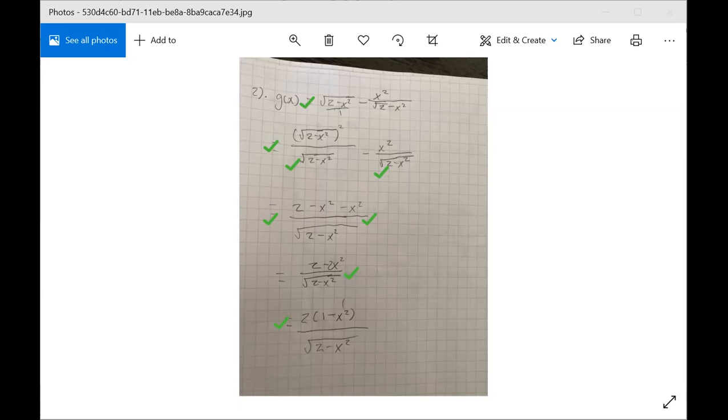Do you guys want to write it down? This is literally the same work I would have done. You're getting better. Your algebra is getting better, and you can handle these with ease. You're going to get lots of points.